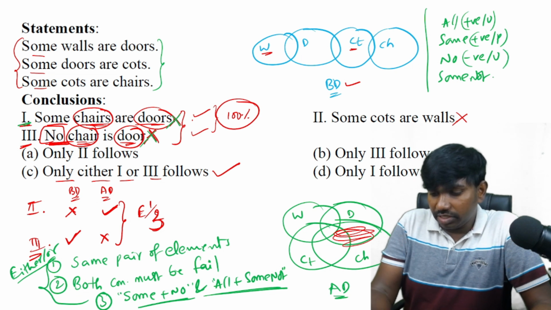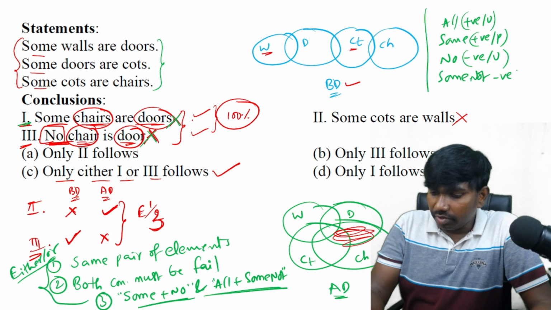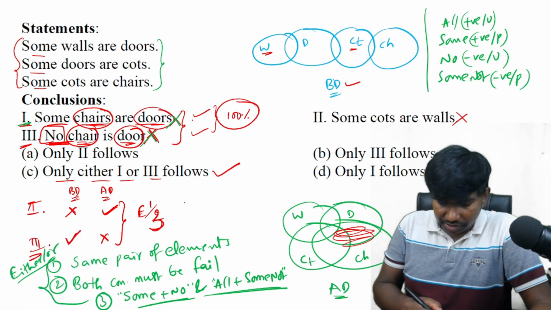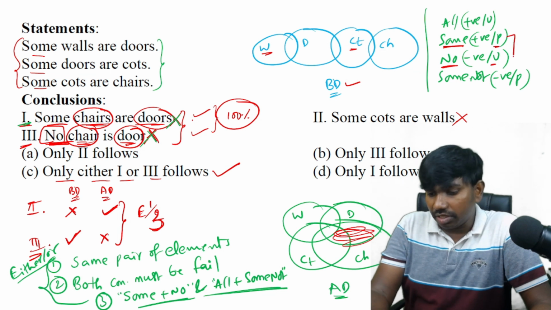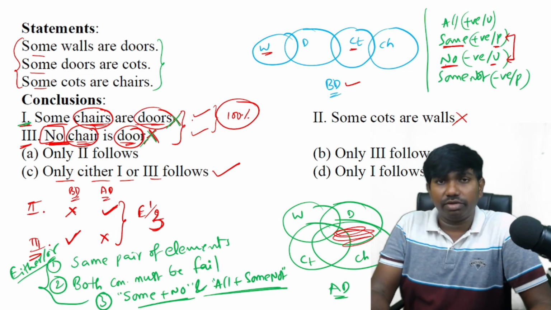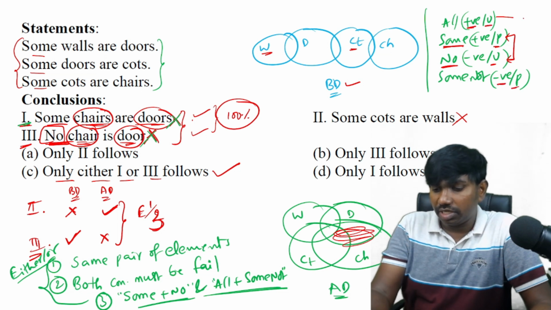Some not is negative and particular. So here the condition is one must be positive and one must be negative, and one must be particular and one must be universal. So these two come under either-or. That's why these two come into either-or.